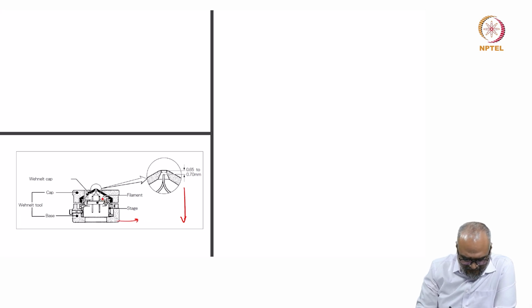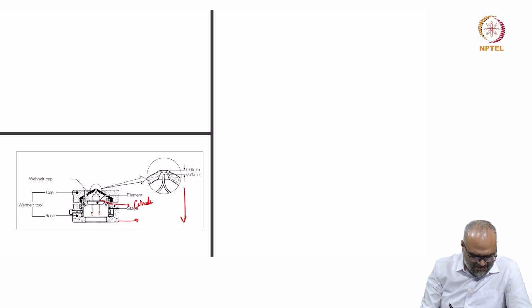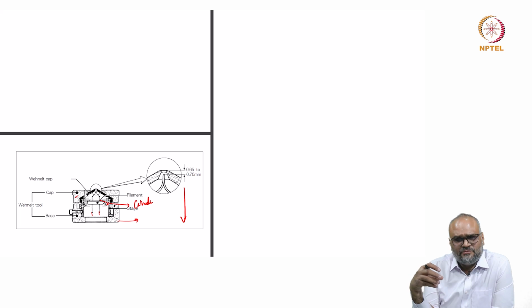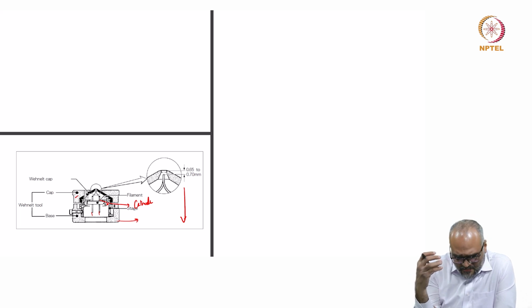You have a small filament here, and as you can see, this portion acts as the cathode, and you have a cap here. You can unscrew these two components and remove it. It is like the way you place a small incandescent bulb in the bulb holder.